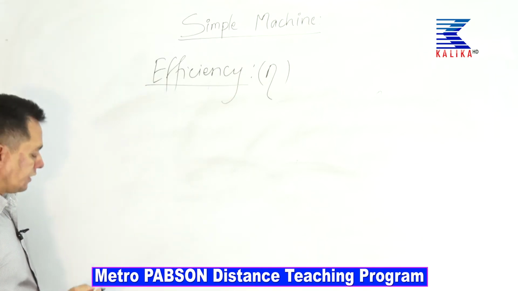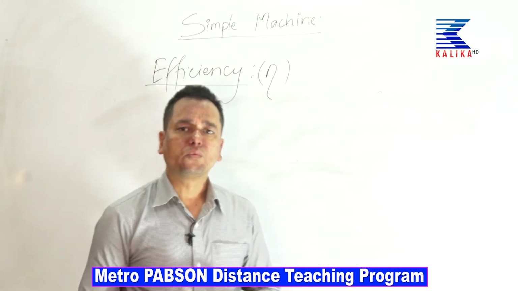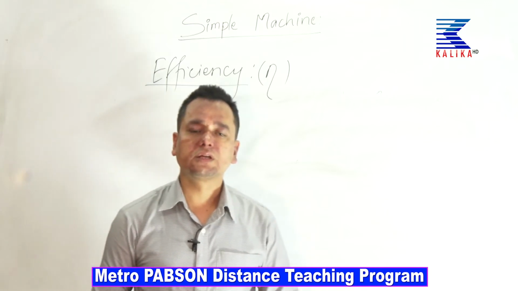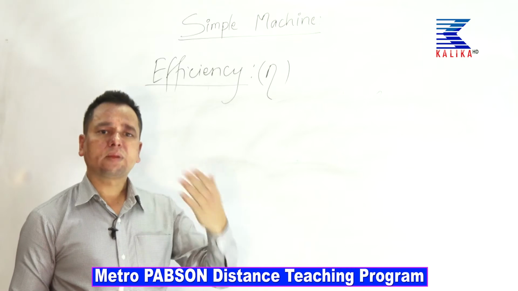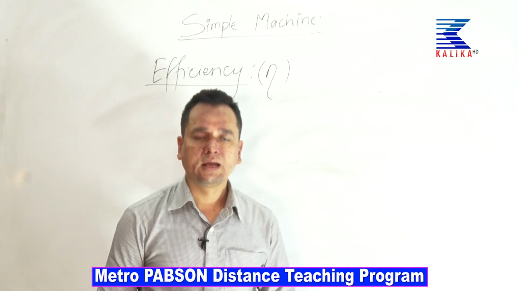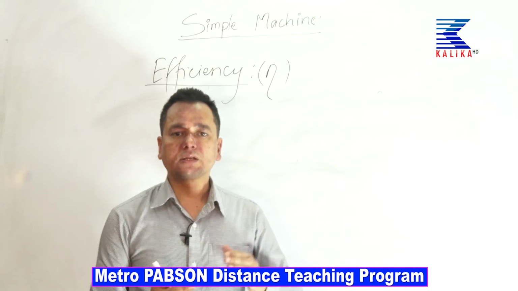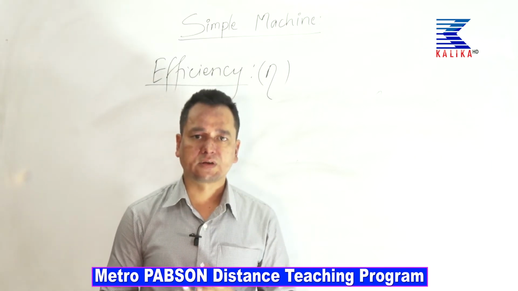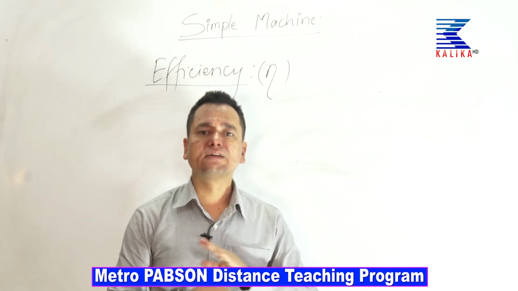We apply some effort to a machine, and finally the machine does some work for us. While applying effort, we do some work on the machine, and finally the machine does some work for us. But the work that we do on a machine and the work that a machine does for us are never equal. Practically, they can never be equal.